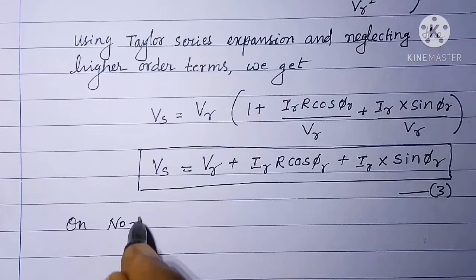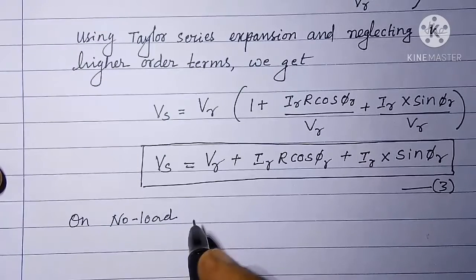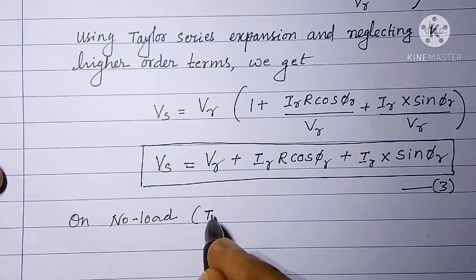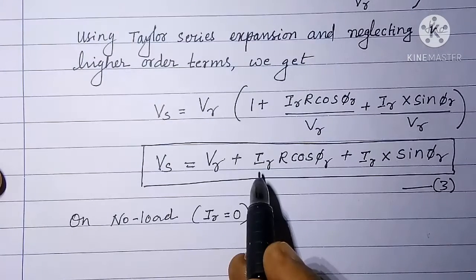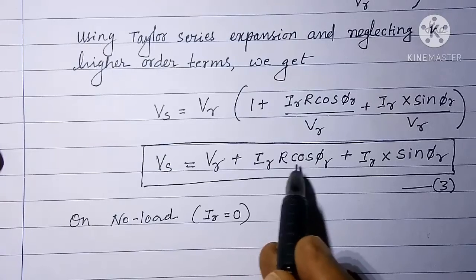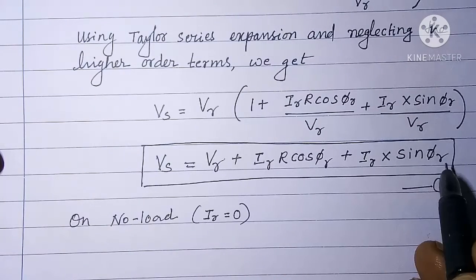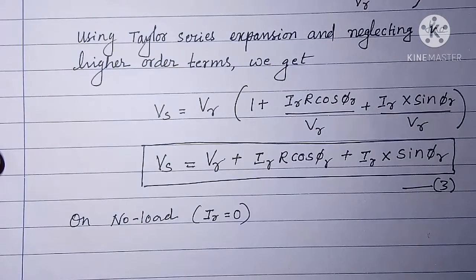On no load, that is when there is no current flowing through the transmission line, IR equal to 0. You will observe that IR into R cos phi r and IR into X sin phi r will become equal to 0.